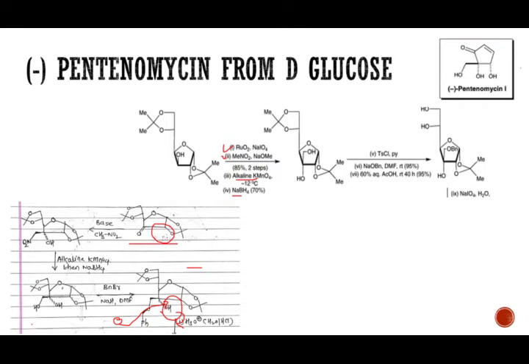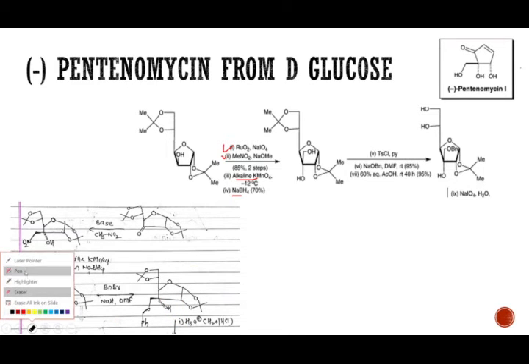You can see here we have CH2NO2, and that CH2NO2 is hydrolyzed in the presence of alkaline reagent into CHO, and then NaBH4 will convert it into CH2OH. This is how our next reaction proceeds. So we get this molecule which has CH2OH from CH2NO2 and this OH over here.